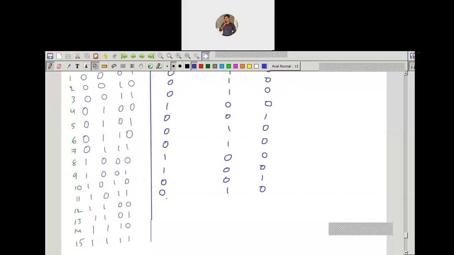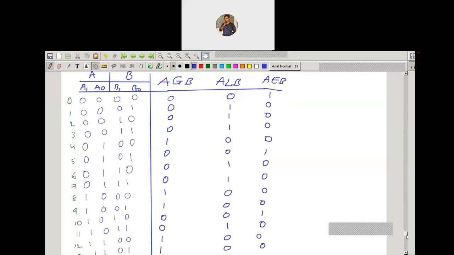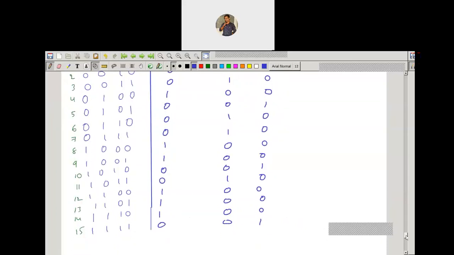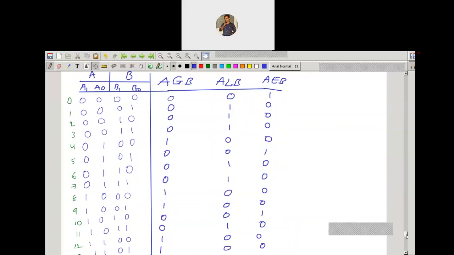And 1 1 0 0, A more than B, so 1 0 0. And 1 1 0 1, A more than B, 1 0 0. And 1 1 1 0, again A more than B, 1 0 0. And 1 1 1 1, A equal to B, 0 0 1. These are the possibilities of the outputs when it is logic 1 and when it is logic 0.